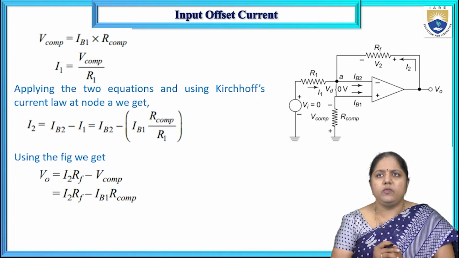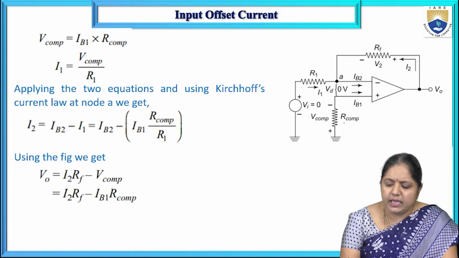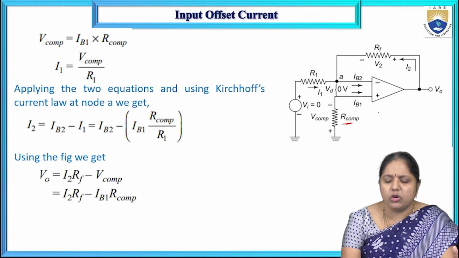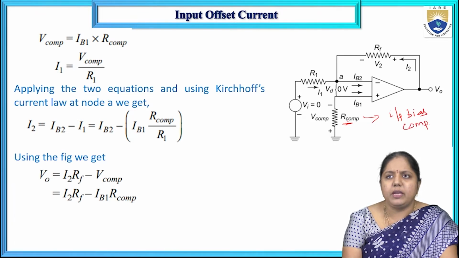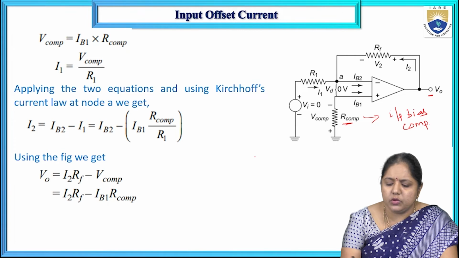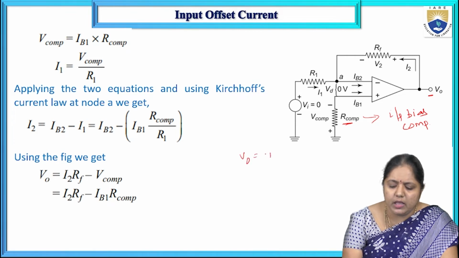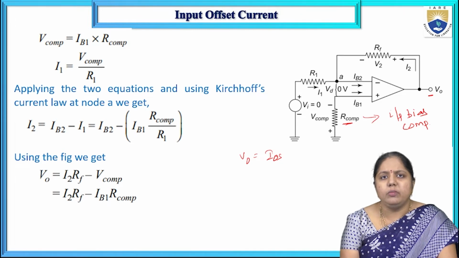To find the output voltage, same as the previous case, we take the compensation resistor R comp, which is just to compensate for the input bias current. First I am taking one compensation resistor R comp and finding the output voltage due to the difference between the bias currents or base currents.